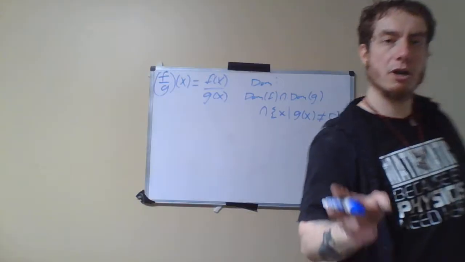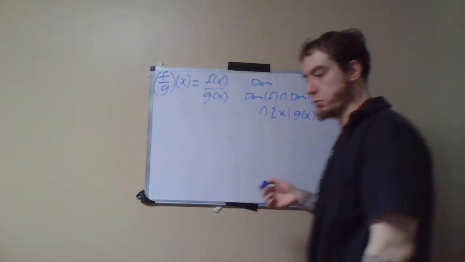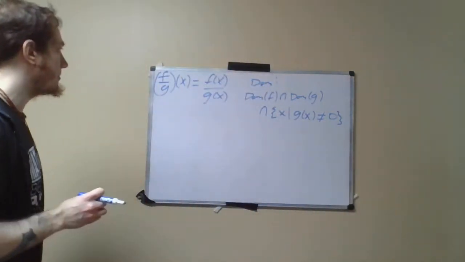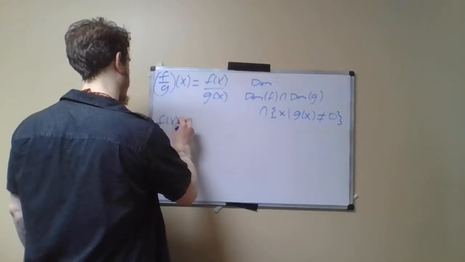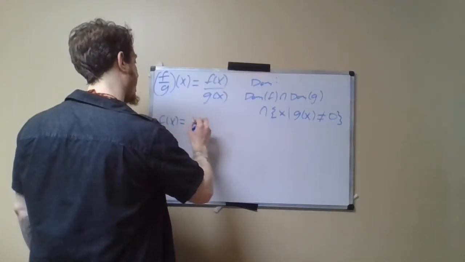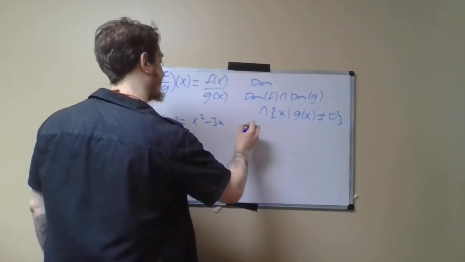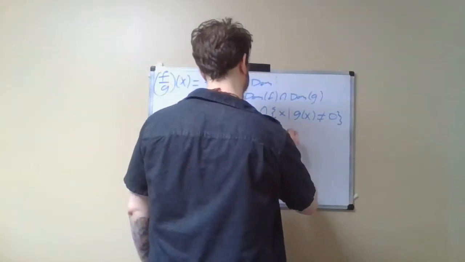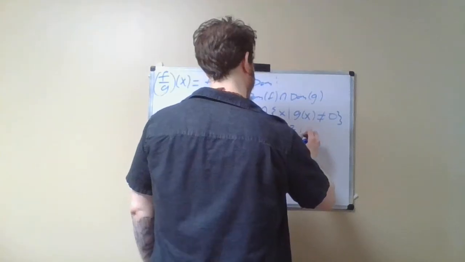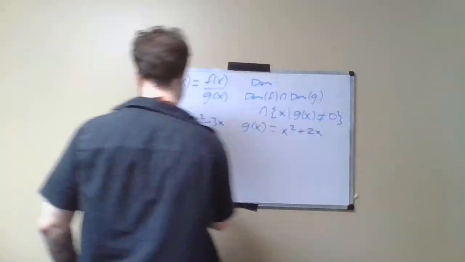So let's take a look at what can happen in this case, because I think it's worth seeing what I'm talking about. Let's suppose that f of x is equal to x squared minus 3x, and g of x is going to be equal to x squared plus 2x.